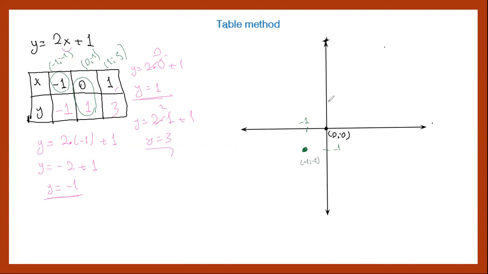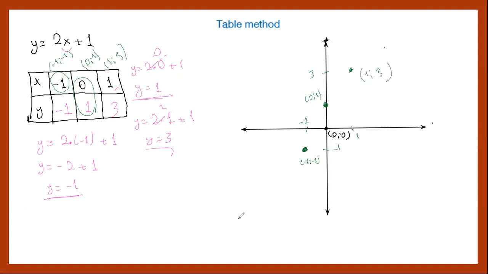And the other one is 0, 1. Remember, on one of the pages I showed you how to plot 0, 1. There is no x; 1 on the y-axis is here. So your point is going to be on the line, 0, 1. And the next one, 1, 3: 1 here, 3 here. See, I didn't even put 3. You just put the approximate 3 here. That will be your third point, which is 1, 3.